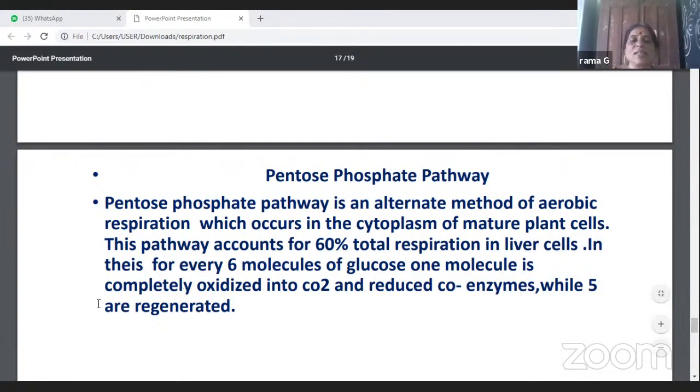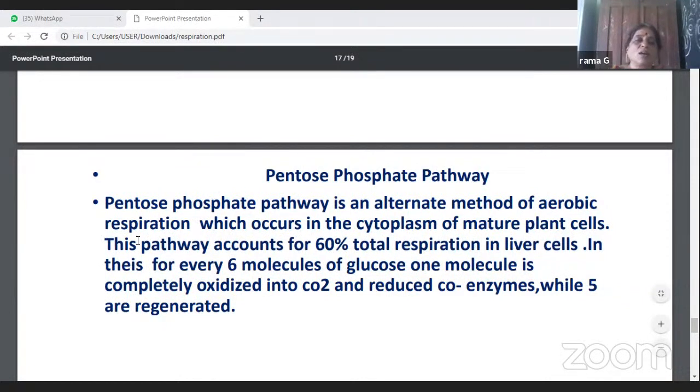So that's why it is called the pentose phosphate pathway. Pentose means 5. These 5 molecules are utilized in the regeneration of oxaloacetic acid, which is essential for the continuous rotation of the Krebs cycle.